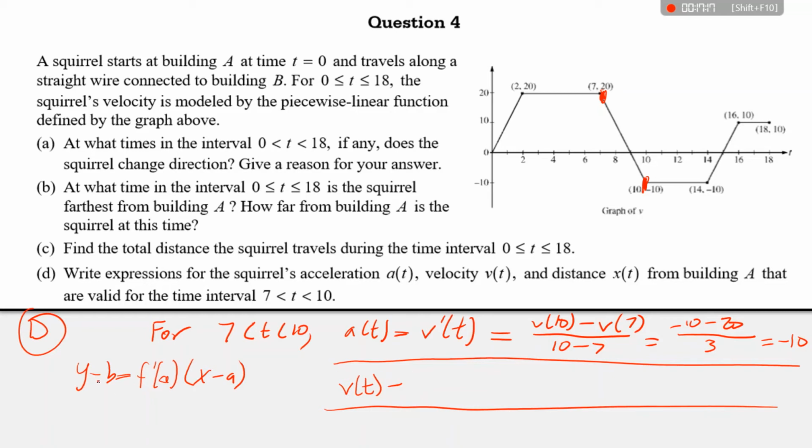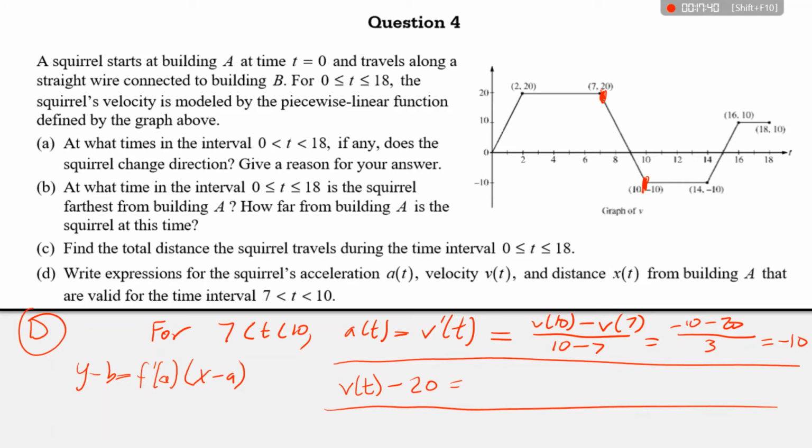Okay, so this should be y minus b. What's your b right now? 7. 7 is an x value. Oh, 20. Okay, so for us, our y is v(t), so that's velocity minus 20, is equal to what?